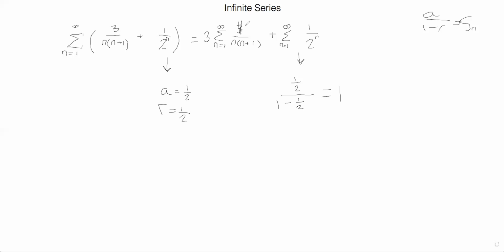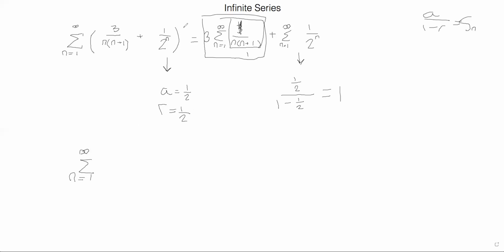And this just turns into 1. Whenever we have 1 divided by n times the sum n plus 1, this whole thing in the box is just equal to 1, which means this whole thing is equal to just 3 in that case.